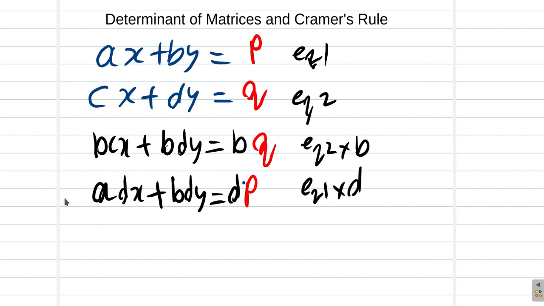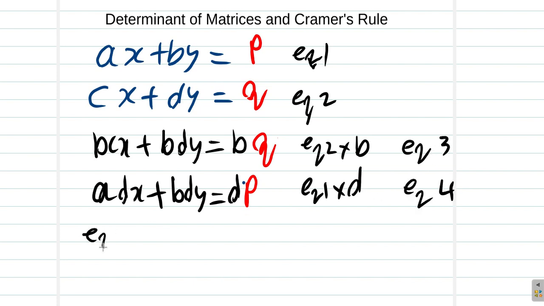Now, how do we eliminate y? We're going to subtract them. You notice this is bdy and this is bdy. Let's call this equation 3 and this equation 4.